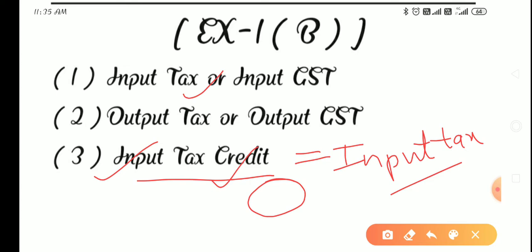One more time I am telling you. Input tax credit means you can avail your input tax, the tax which you have paid, from the tax which you will charge on the sale of the goods.